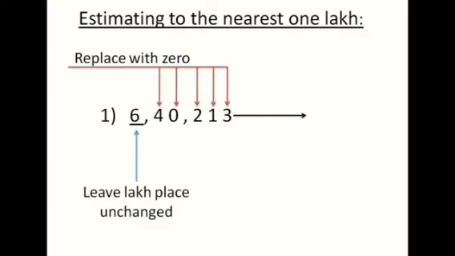So, can you find out what the estimated value will be here? It will be 6 lakh, because 40,213 has been replaced by zeros and there will be no change for 6. I hope you have done it with me.